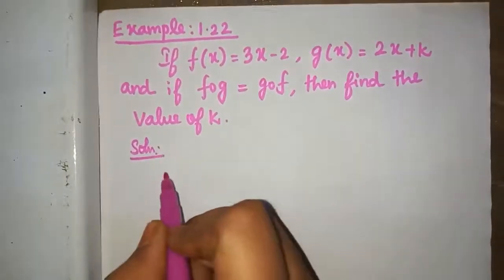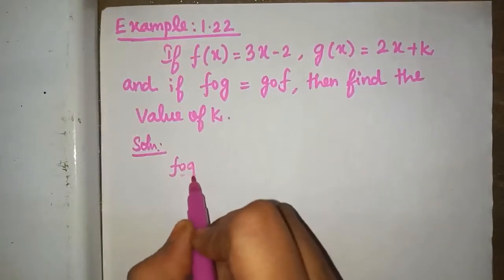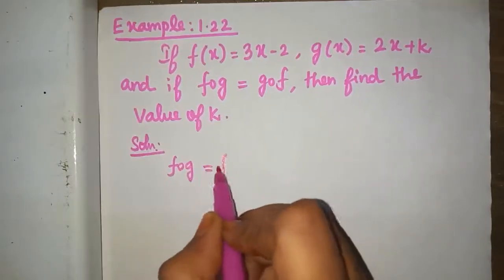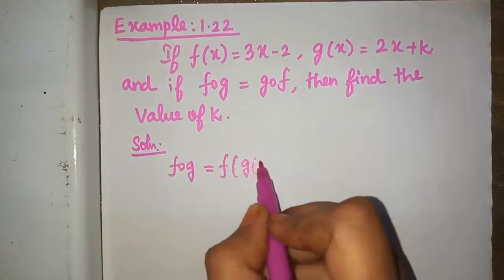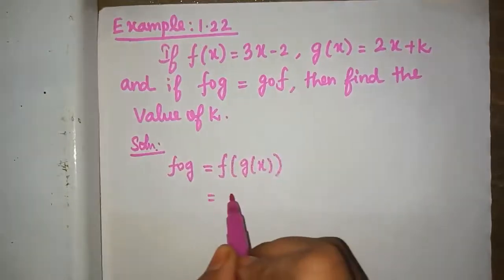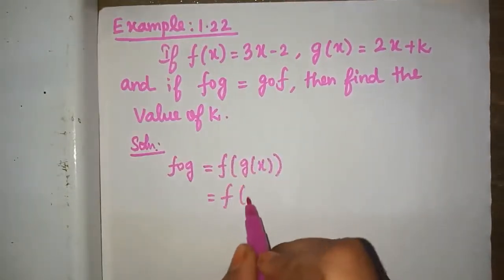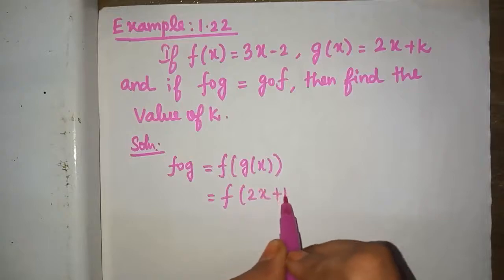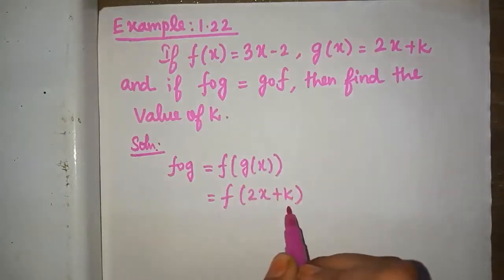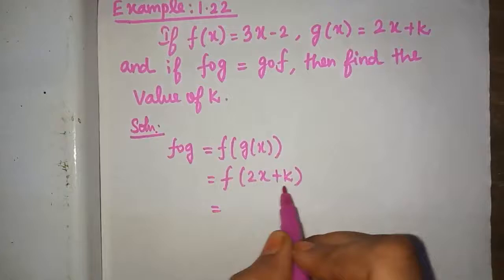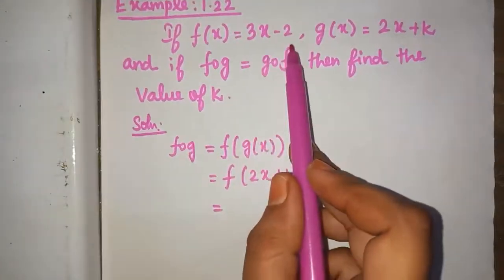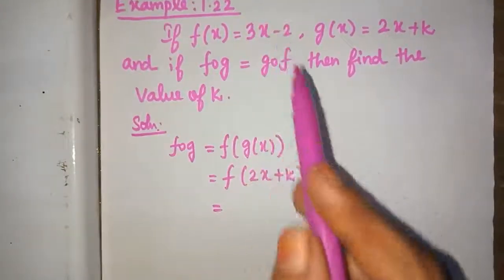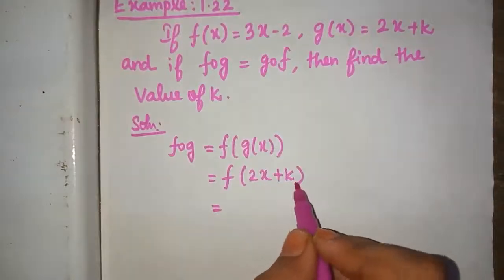First, as usual, you have to find f composite g. F composite g is nothing but f of g of x, where g of x value is 2x plus k. Now this will be f of x. So f of x value is 3x minus 2. So instead of x, you have to write 2x plus k.